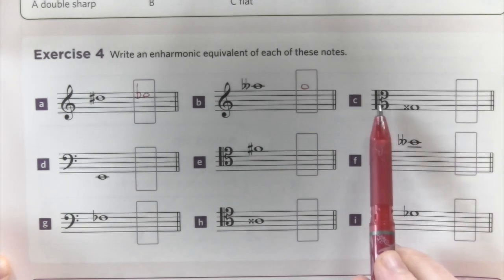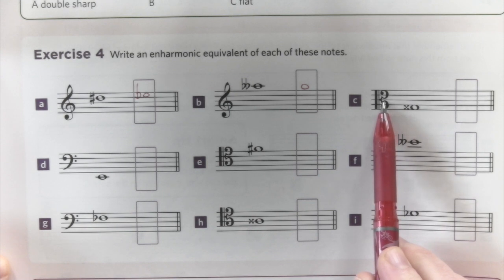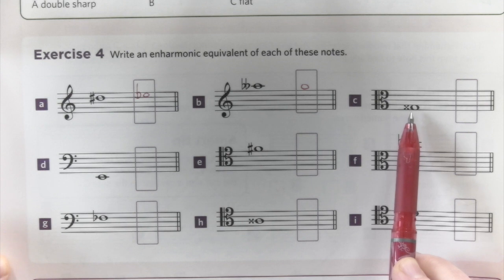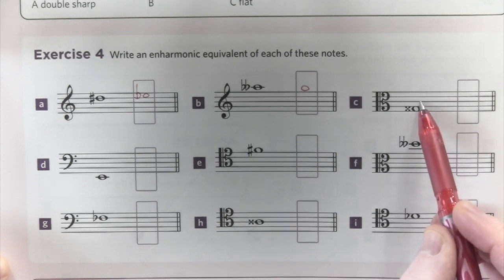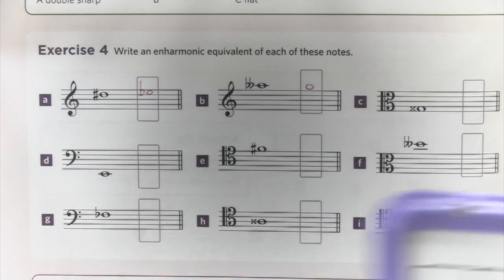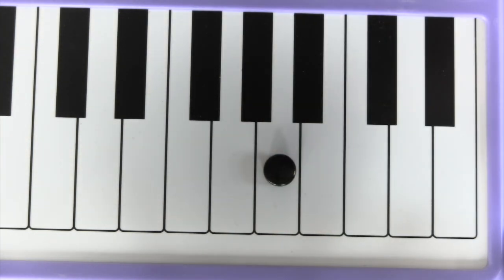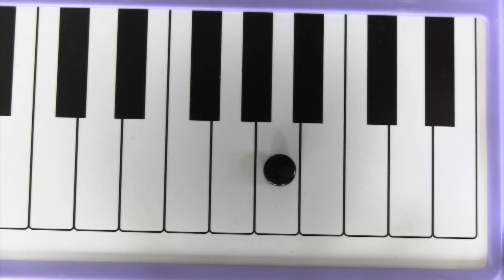Now let's go to C. First we need to figure out the name of the note, okay? Alto clef, it's treble clef plus 1. So it's not F double sharp, it becomes G double sharp, okay? We can count if we want. Do, Si, La, Sol, okay? On our keyboard, G double sharp would be A, or B double flat.